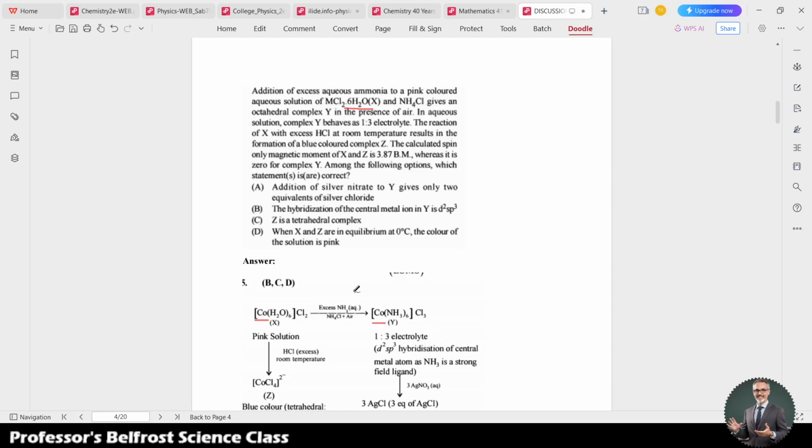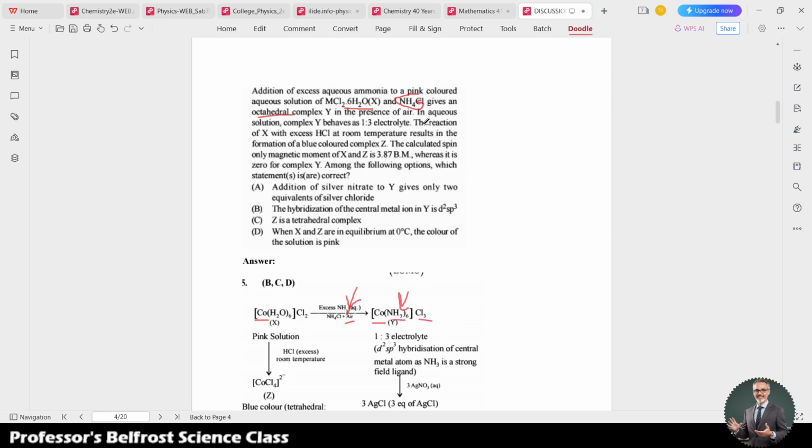In aqueous solution with excess NH3 aqueous, ammonium chloride and the presence of air, the complex is octahedral. And the aqueous solution of complex Y behaves as a 1:3 electrolyte, so this is 3, this is 1.